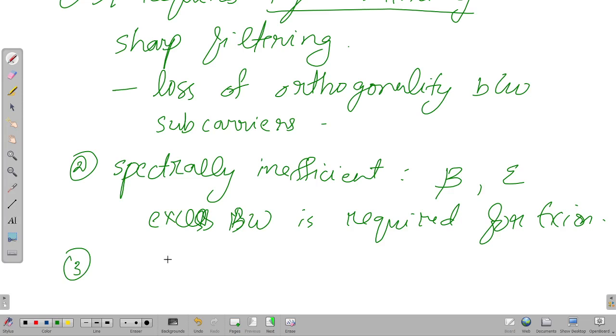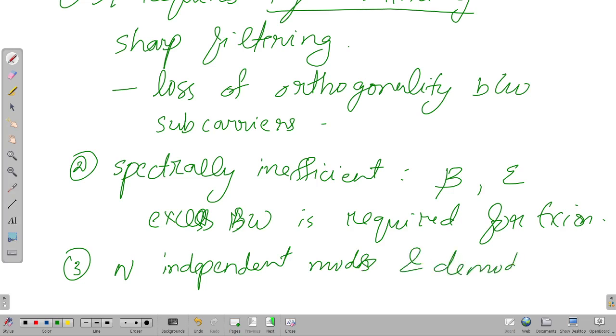And the third point is that N independent modulators and demodulators are to be used. Not only modulators and demodulators, what about the associated circuitry? Everything has to be independent, right? Each data stream is independent. Correspondingly, each communication chain has to be independent. If you have N subcarriers, you need to use N communication chains.